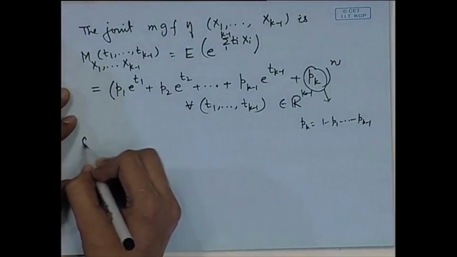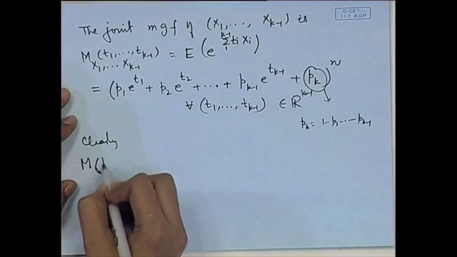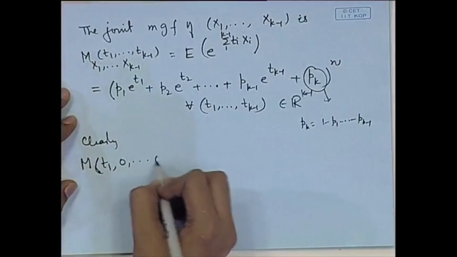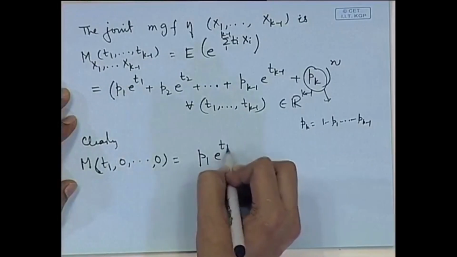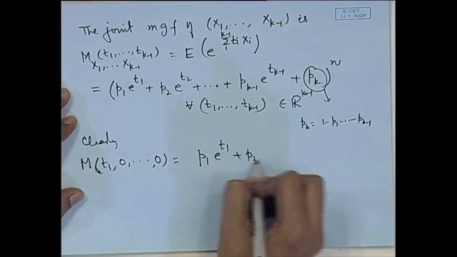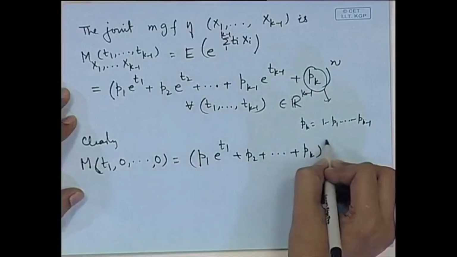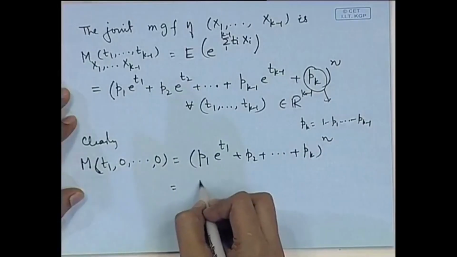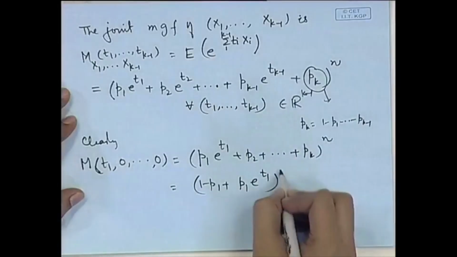So, clearly we can see that M(t1, 0, 0, ..., 0) is equal to (p1 e to the power t1 plus p2 and so on plus p_k) to the power n, that we can write as (1 minus p1 plus p1 e to the power t1) to the power n.